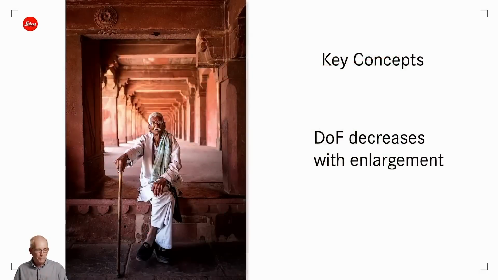Okay. So moving on. Oh, and I just also want to prove that last point. I'll come back to this picture in a couple of slides, but in this one, we've got this image of this gentleman in India, and this was taken on the Leica Q. Focused, obviously, on his head, which is where you would normally focus. And if you look carefully, and again, I don't know how big this is on your screen, which takes me to my previous point, but I'm hoping you should agree that his face is sharp, this hand is sharp, this hand is sharp, this stick is sharp, and his foot is sharp.